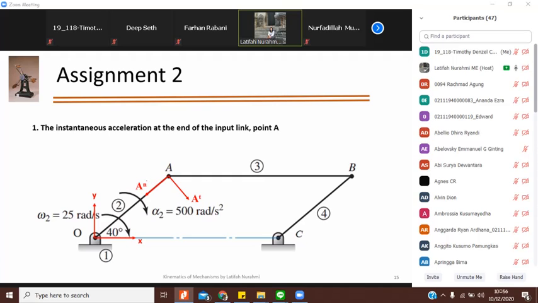From here you can simply find it like this: OA times omega square, right? And then A tangential is OA times alpha 2. But now what are the directions? Find what are the directions of this.